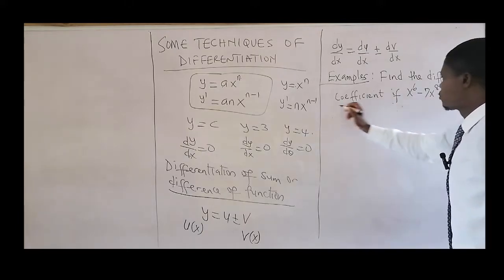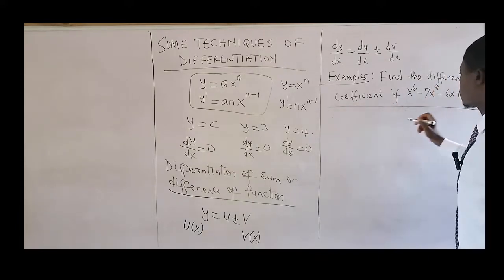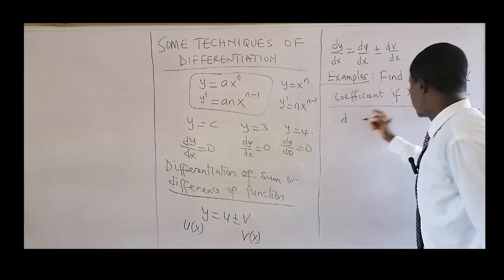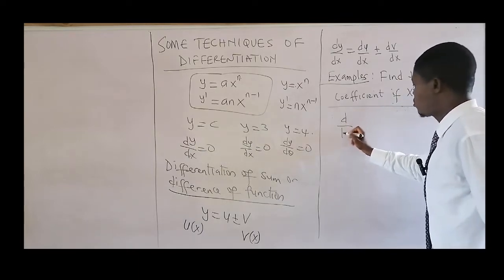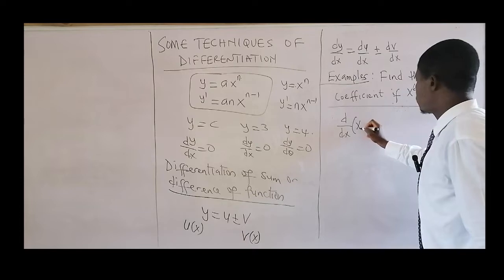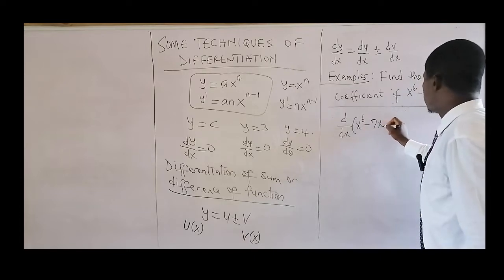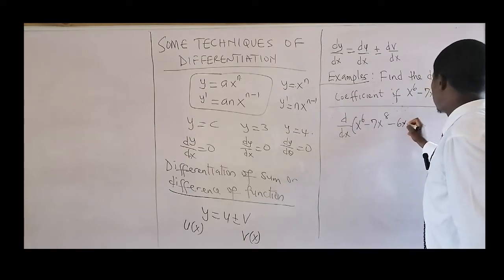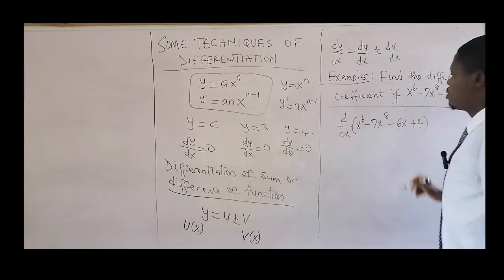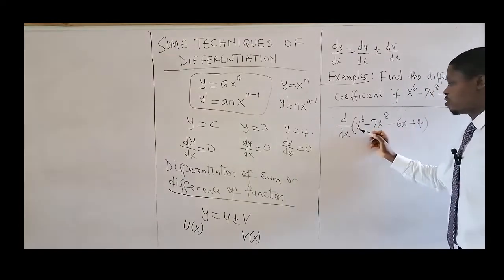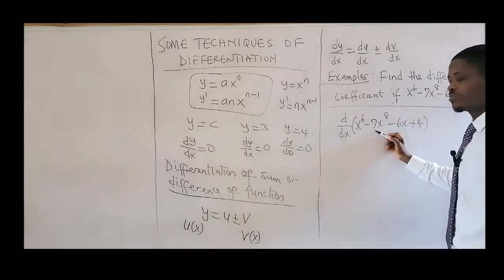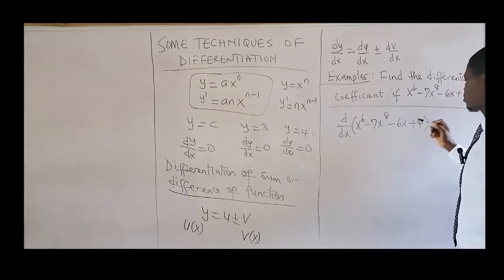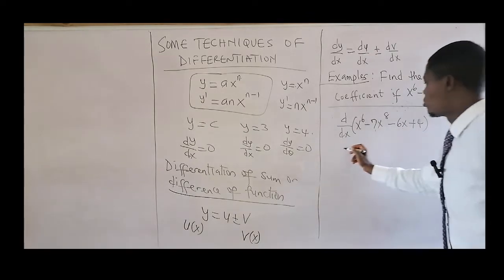This is very simple. It's going to be d/dx of the function, because it's a function of x, which means we are differentiating each term with respect to x.